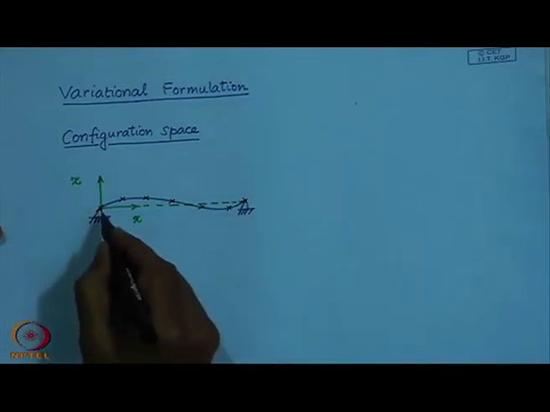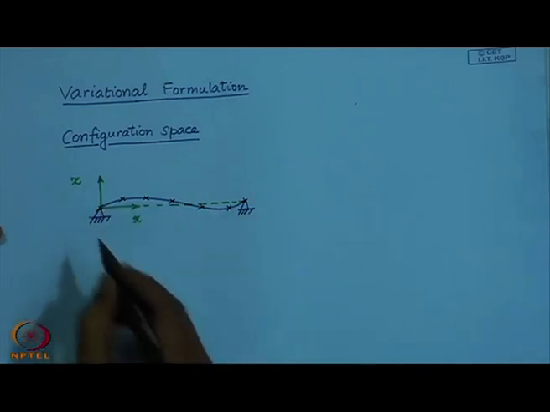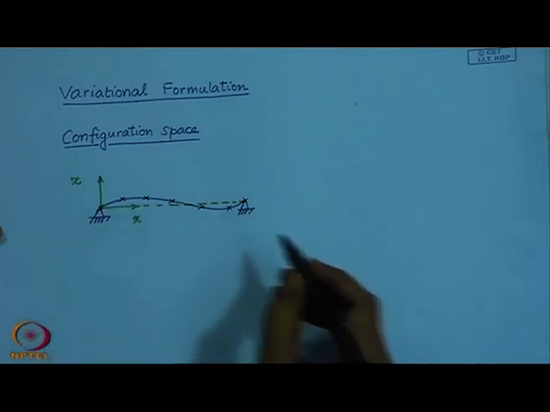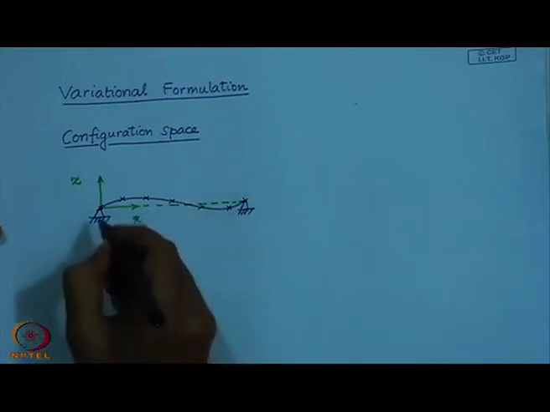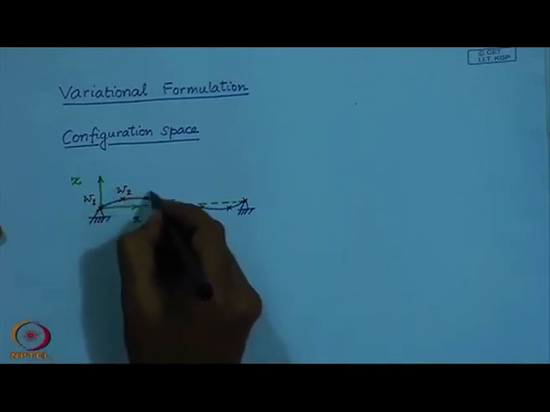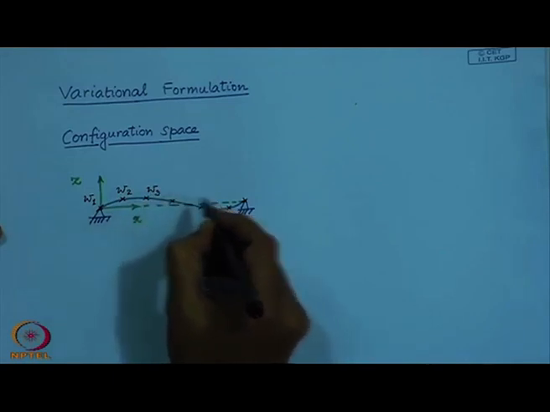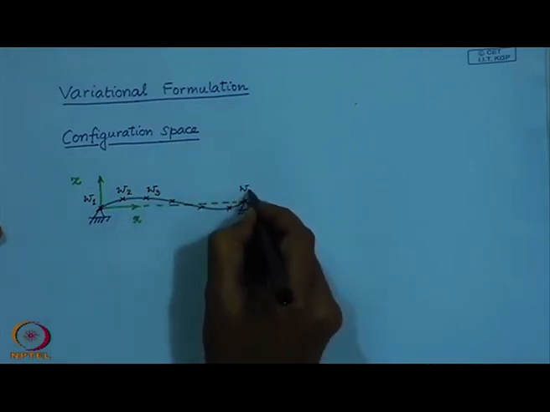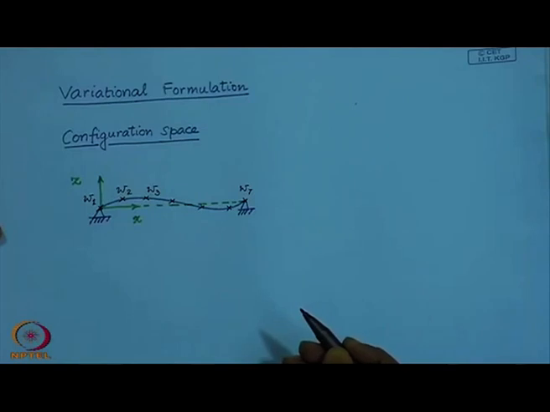So, here for example, I have 7 points. Let me call the displacements corresponding to these points W1, W2, W3 etcetera up to W7.